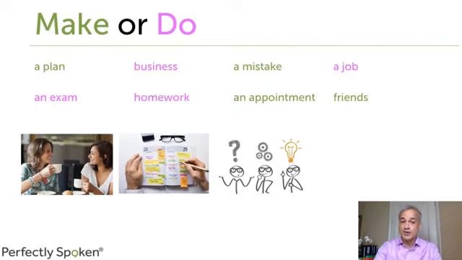So, you make a plan, do business, make a mistake, do a job, do an exam, do homework. You do your homework. Do you do your homework? Yes, David, I do. Good. Make an appointment and make friends.